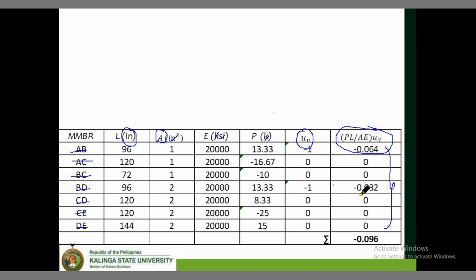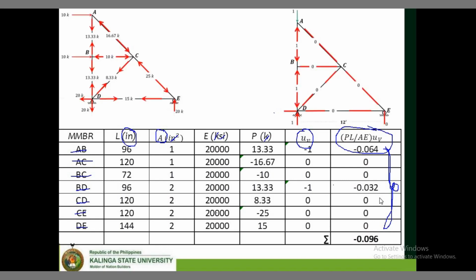Okay? So, again, if I'm going to take the sum of all of this PL over AE times U, that is equal to negative 0.096. Negative yung lumabas na sagot ko. Anong ibig sabihin nitong negative na to? Diba, ang assumption ko kanina, etong point A will move downwards. Kaya yung assumption ko, itong green arrow na to ay pababa.